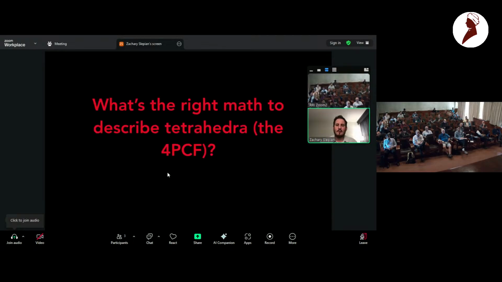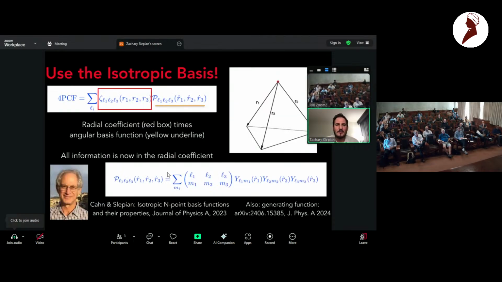But if we want to use the 4-point function, we need the right mathematics to describe tetrahedra because, as I said, the 4-point captures excess clustering of tetrahedra above random. And this is where it gets a little bit dense. The math of this turns out not to be simple at all. It turns out that you need something called the isotropic basis. Now, this is a basis of rotation invariant functions. That's a generalization to more than 2 arguments of Legendre polynomials.